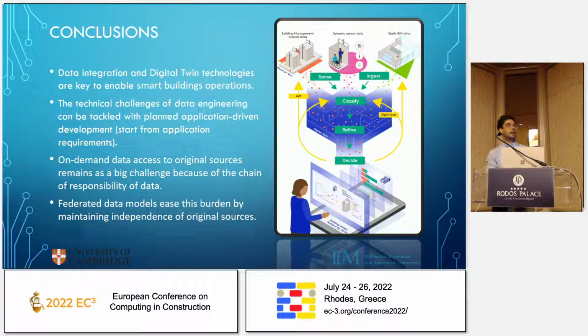And then we acknowledge that on-demand access to the original sources remains a big challenge because of the change of responsibility of data, especially when there are different companies managing those systems. But our federated approach for data models can ease this burden by maintaining the independence of the original sources.